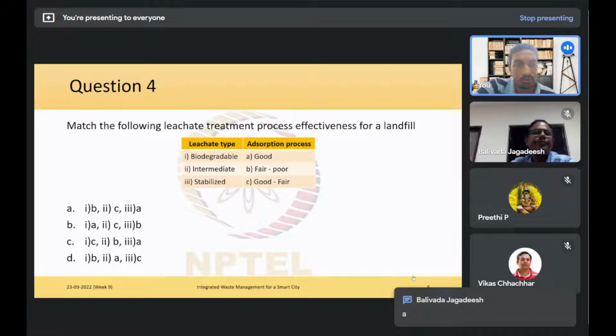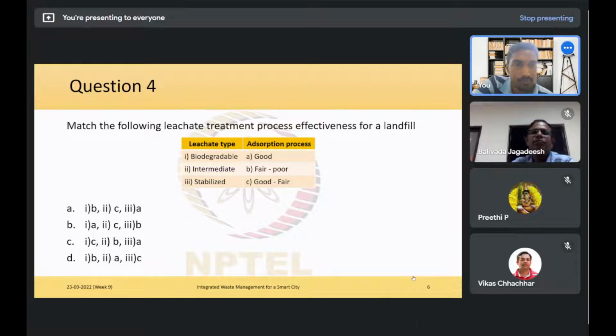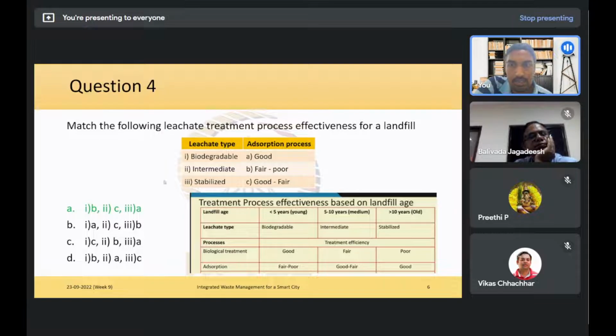Okay, two answers say it is option A. Any other answers? Okay, so we have three answers. That's option A, and option A is the correct answer.